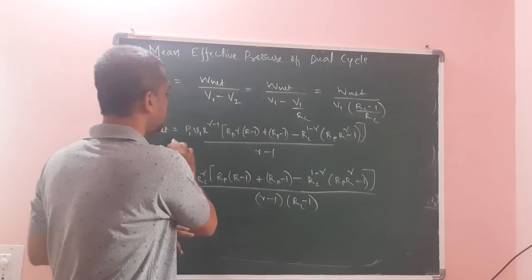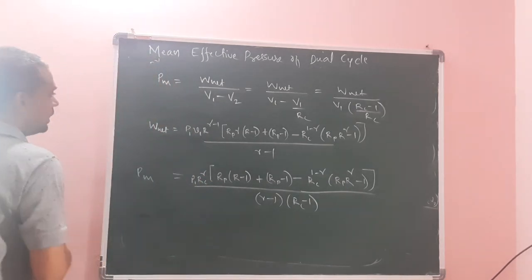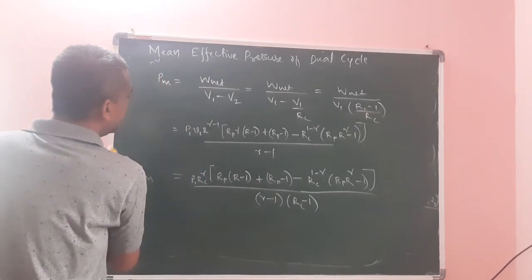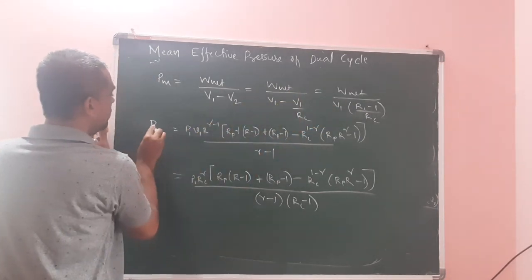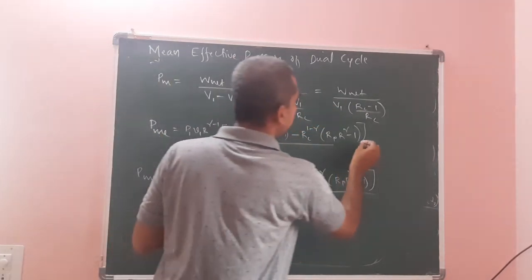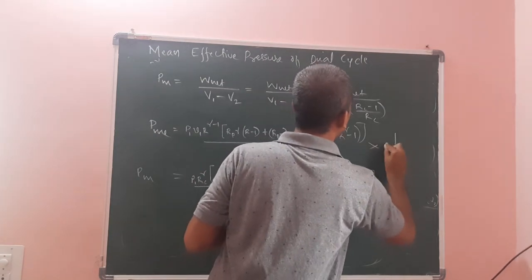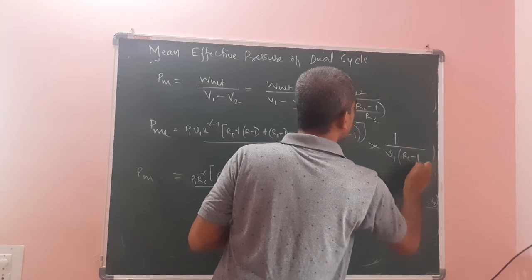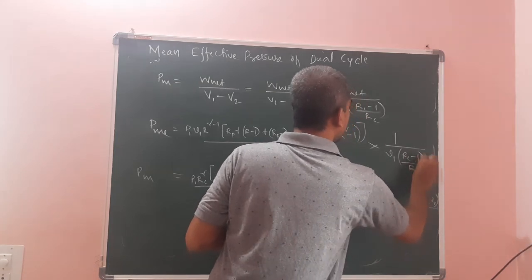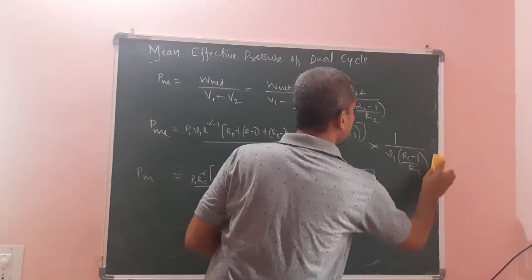Okay, this is W net. Therefore, if I want to calculate mean effective pressure, W net divided by this term. Therefore, mean effective pressure PM is equal to W net divided by P1 into RC minus 1 divided by RC.